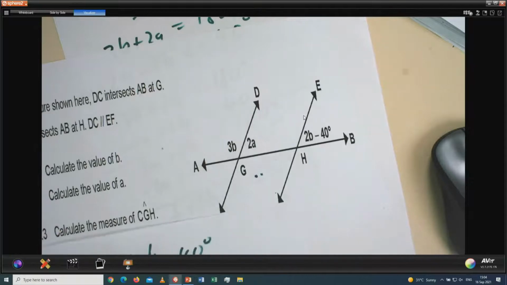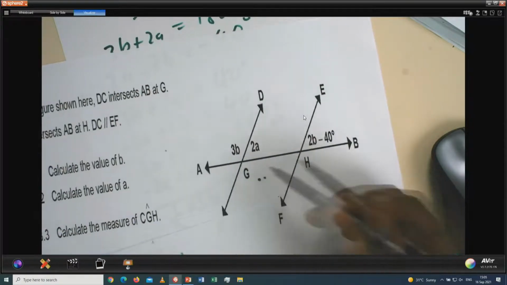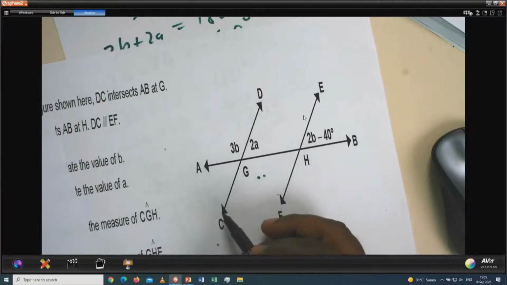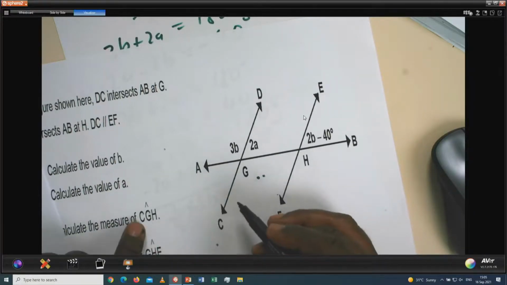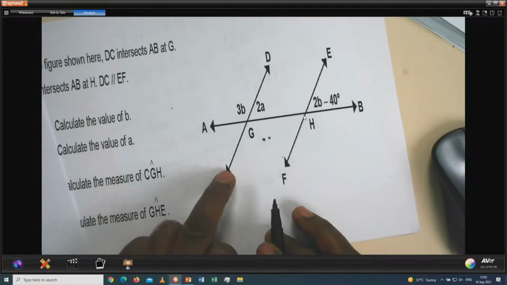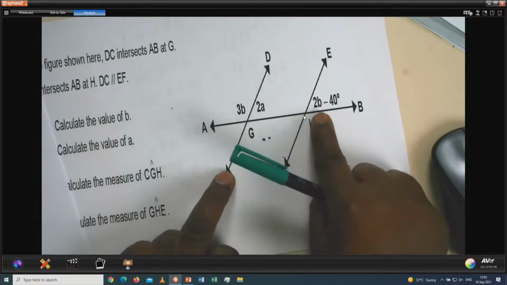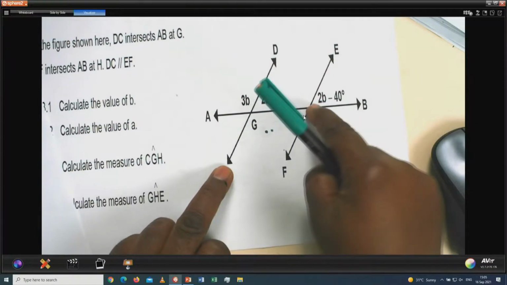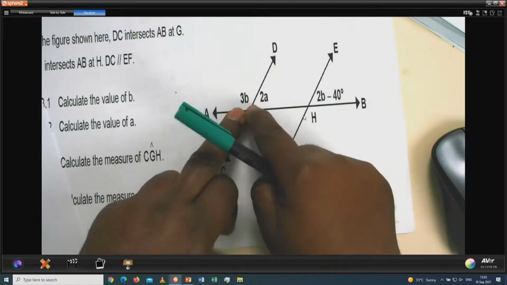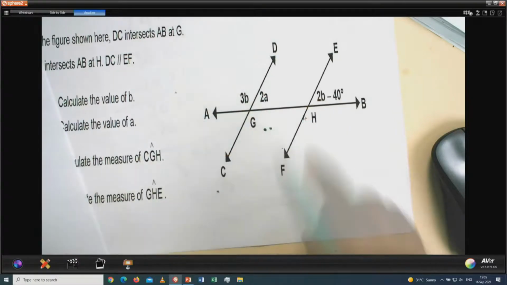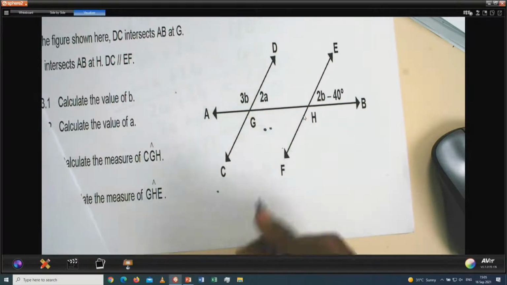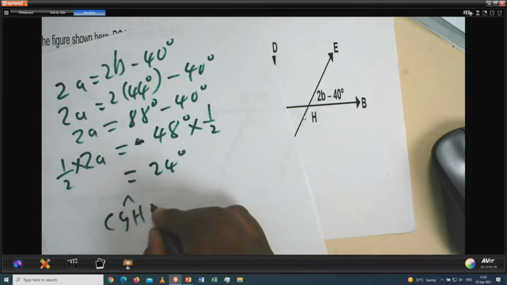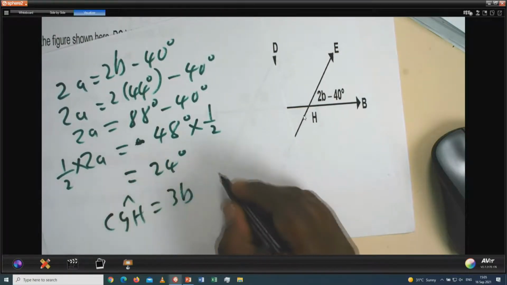Now they want the measure of CGH. It's important to see the first letter. Look at the first letter, C, and where it ends. C is the first letter, H is the last. What angle are you talking about? The angle at G, which is equal to 3b. Therefore, CGH is equal to 3b. Why?